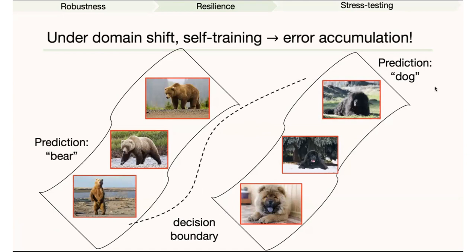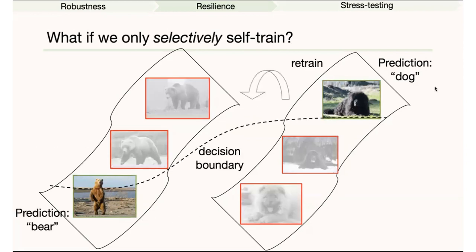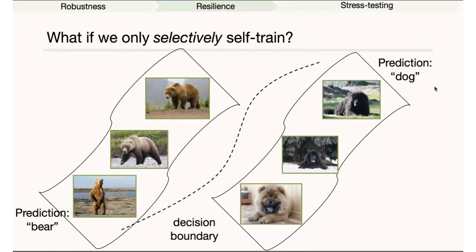And that does happen frequently, especially on more severe domain shifts. So what if we were to only selectively self-train? What if we had some way of identifying which of these predictions we can trust more and only use the pseudo labels for those? Then perhaps we could do better and end up in this nice case where we want to be.